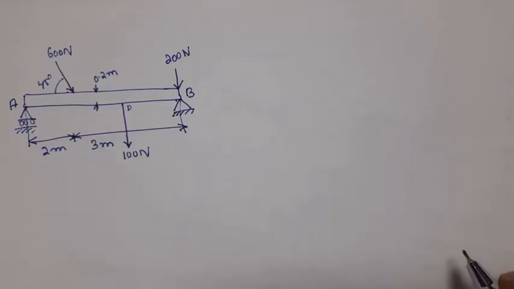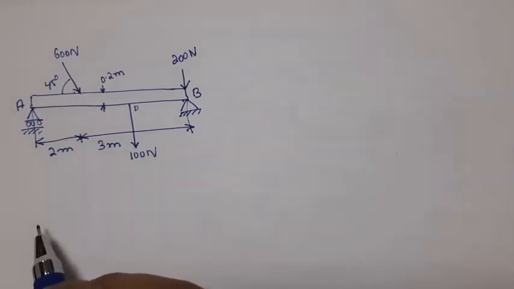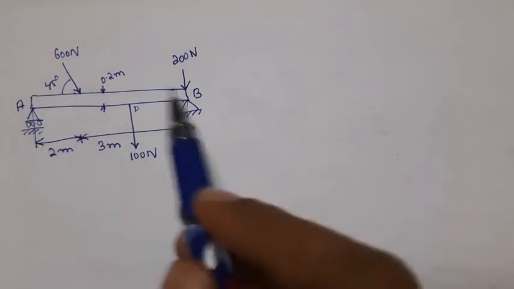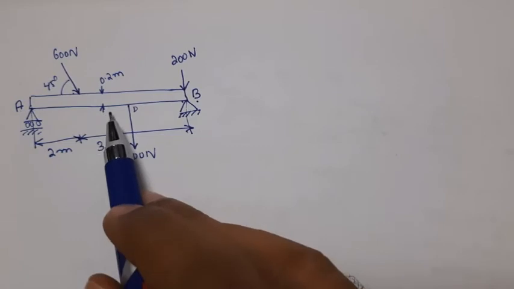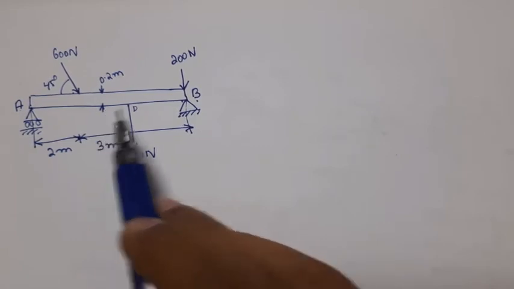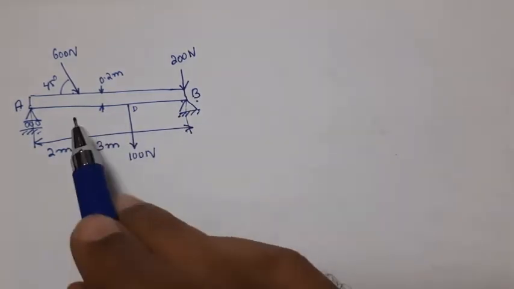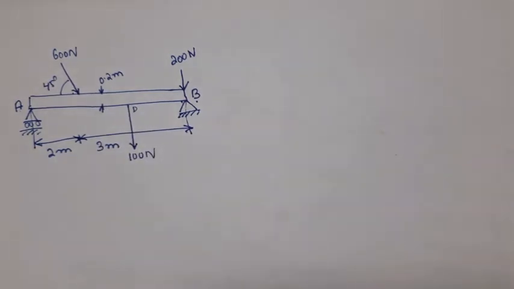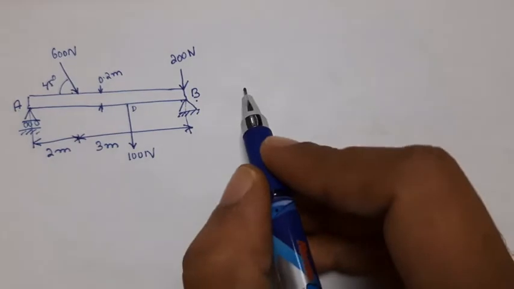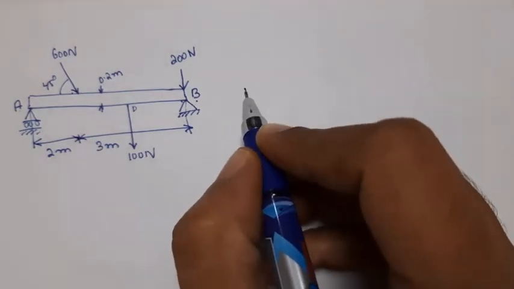In this problem we have to determine the support reactions at points A and B. As you can see this beam, we will first convert it into a free body diagram where all the forces acting will be resolved. When you isolate this body, you draw it next to it.